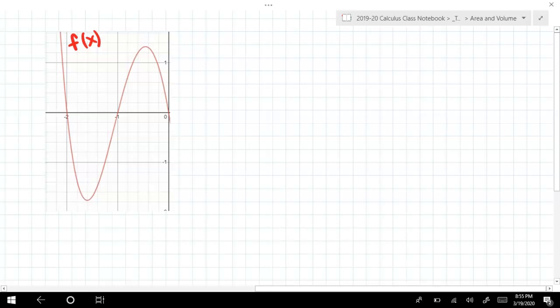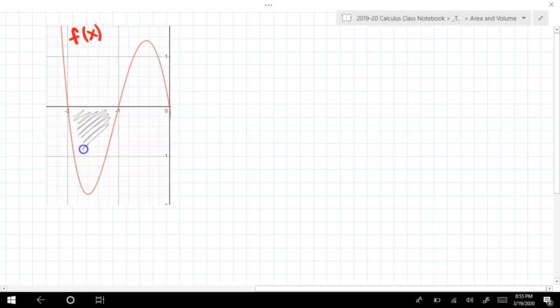In this graph, we've got f of x, our function. If I wanted to find this area, which is below the x-axis, let's call this area R, region R. The area of R will equal the integral from x equals -2 to x equals -1.